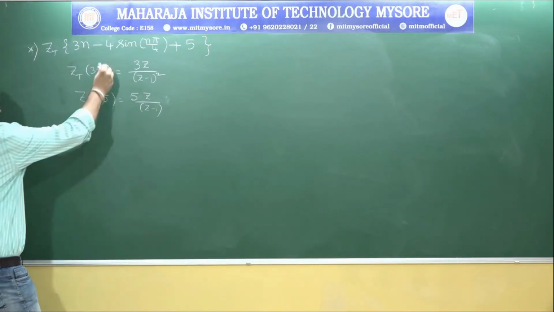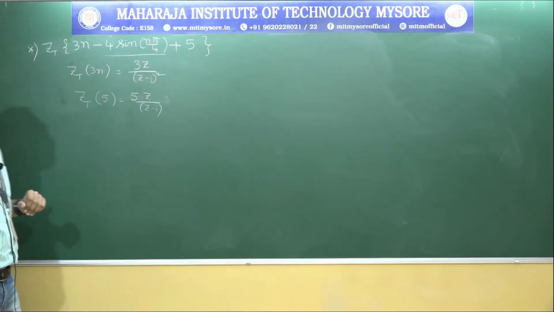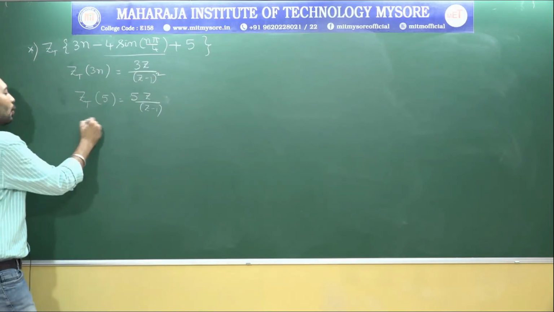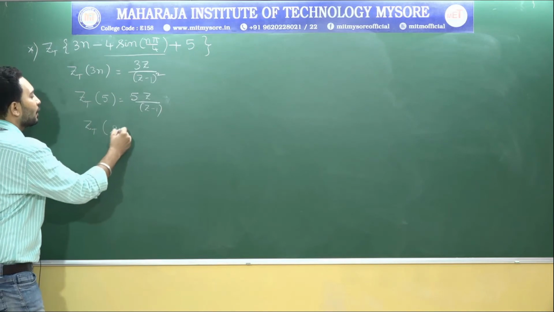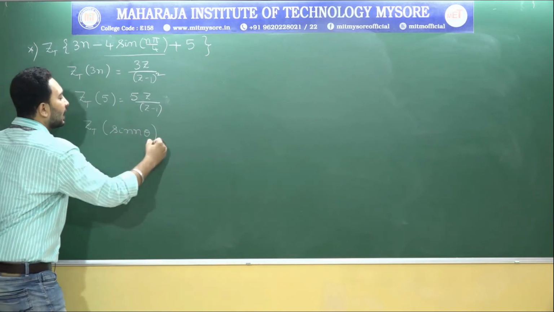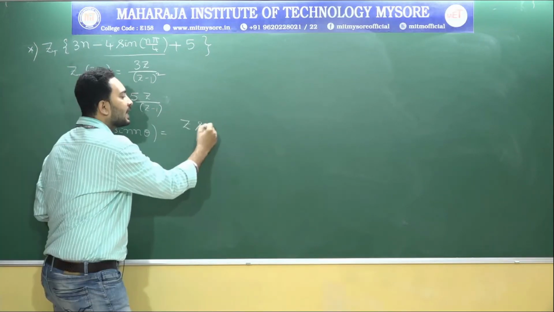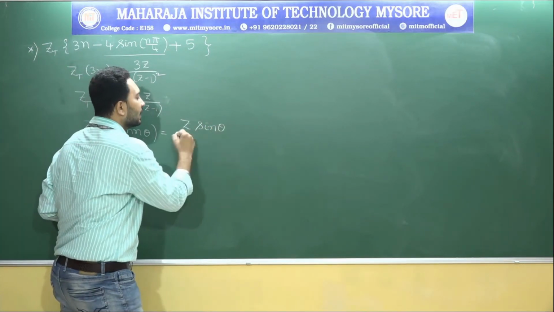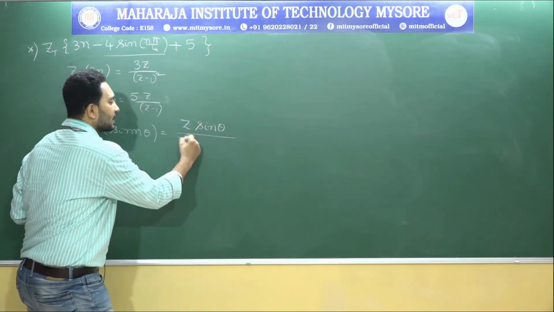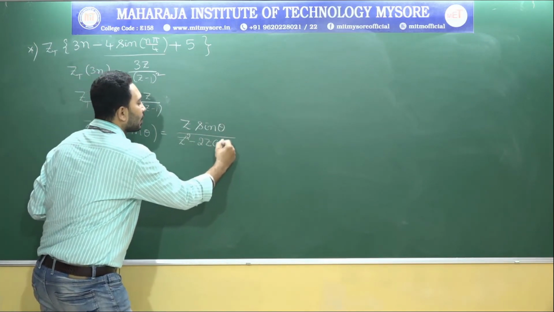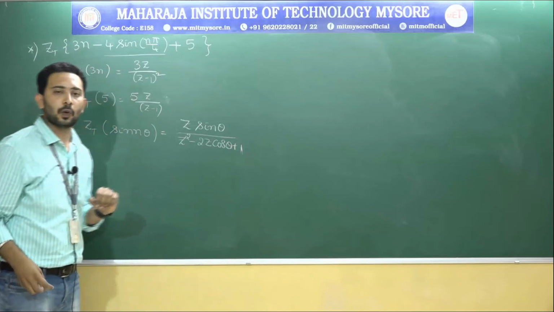To solve the part sine n pi by 4, first we should know what is the z transformation of sine n theta. It is z sine theta divided by z square minus 2z cos theta plus 1.